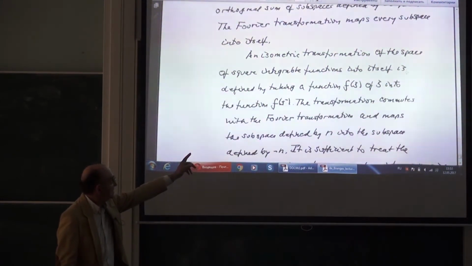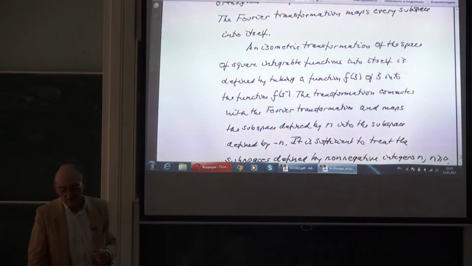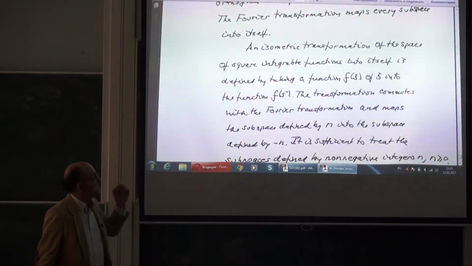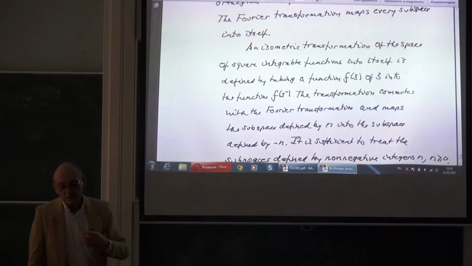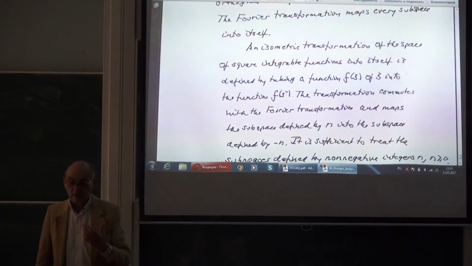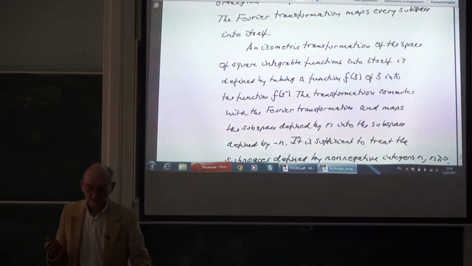If you conjugate the argument of the function, you have an isometric transformation that takes the space of square integrable functions into itself, and that also commutes with the Fourier transformation. But this conjugation maps the invariant subspace for n into the invariant subspace for minus n.